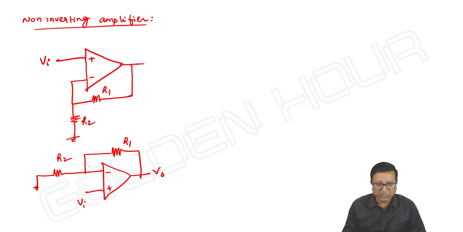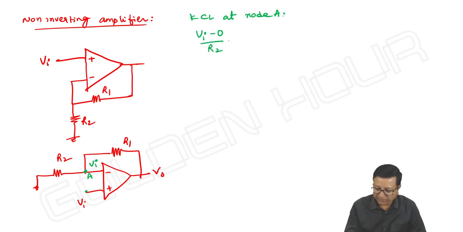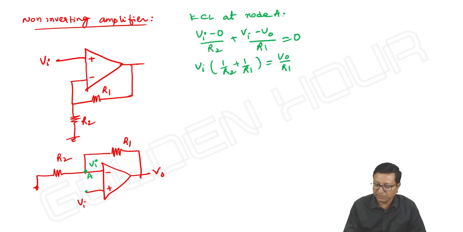Procedure I told, virtual short and take the node equation. Due to virtual short, this voltage is Vi. Let me take it as node A, and KCL at node A. Vi minus 0 by R2 plus Vi minus V output by R1 is equal to 0. So Vi into 1 by R2 plus 1 by R1 is equal to V output by R1.